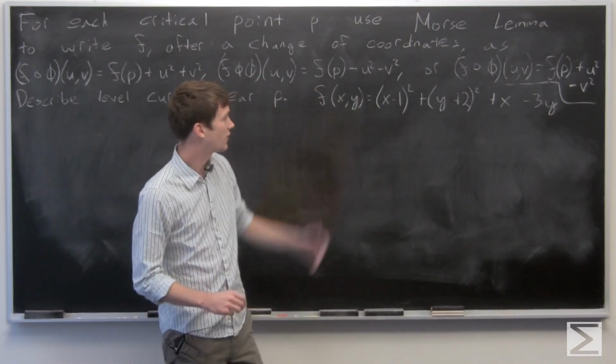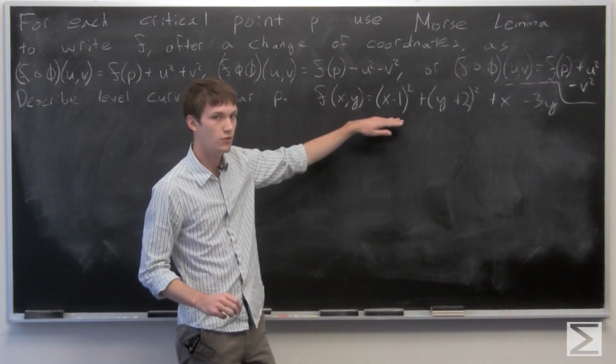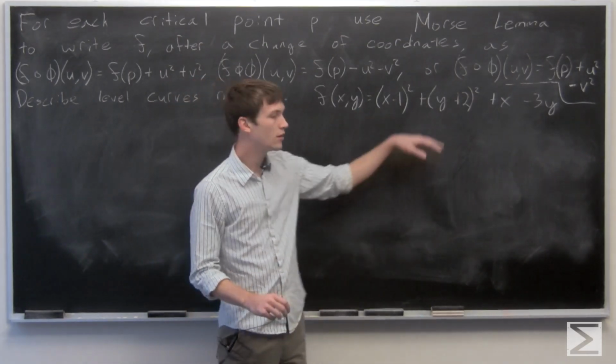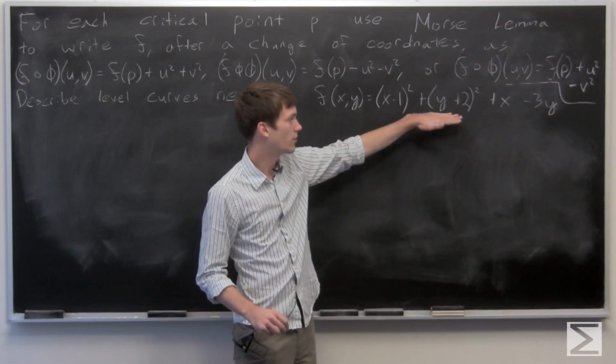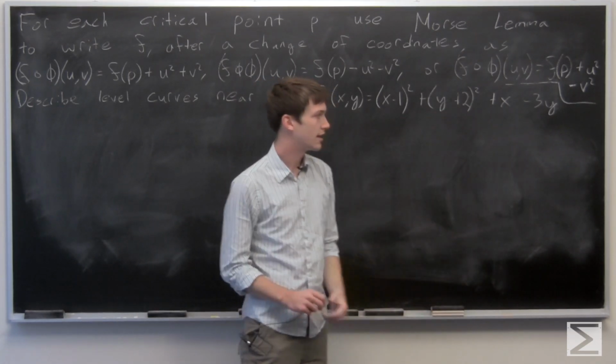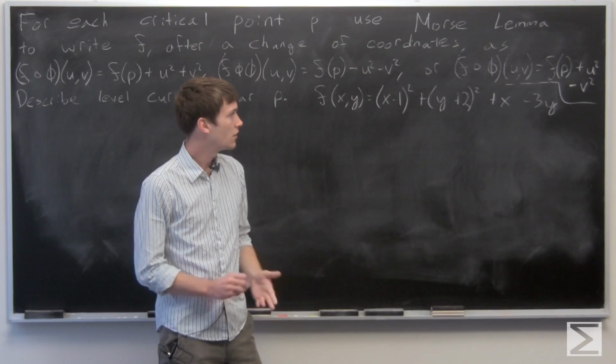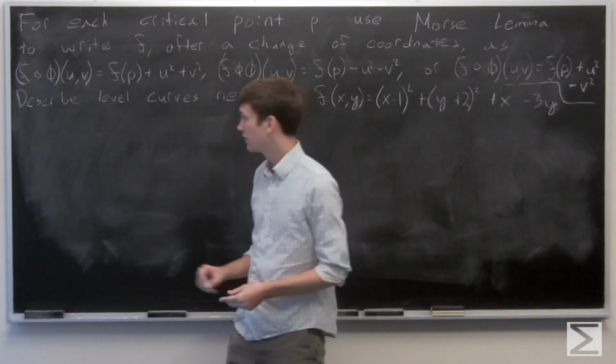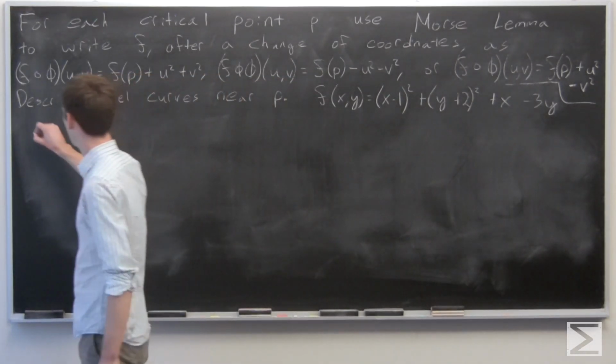And we're given that f of x, y is equal to the quantity x minus 1 squared plus y plus the quantity y plus 2 squared plus x minus 3y. So first, let's figure out what the critical points are.